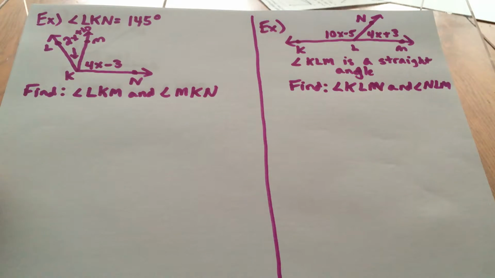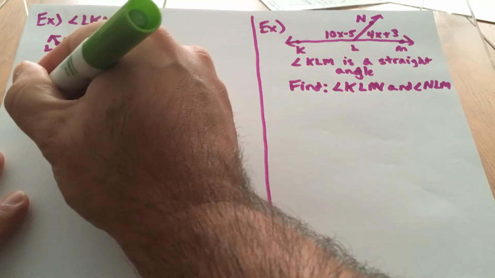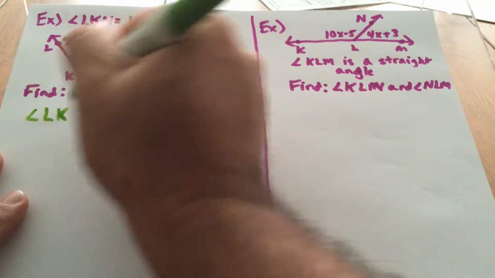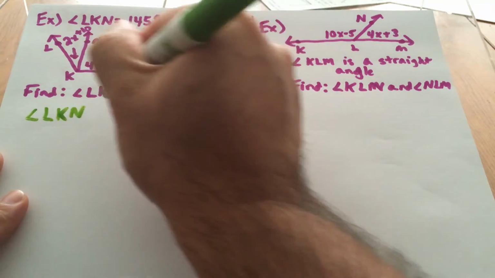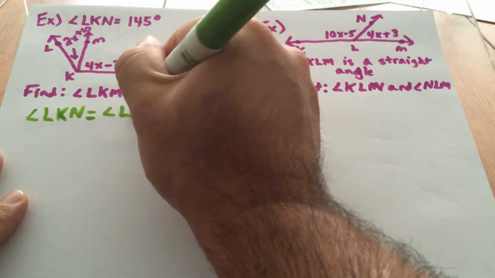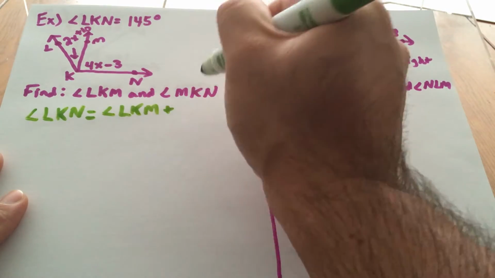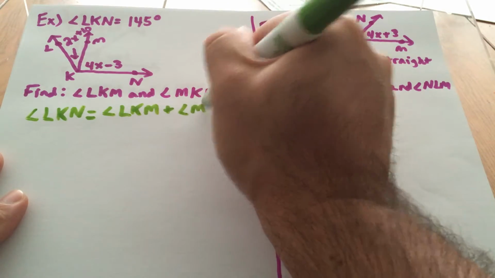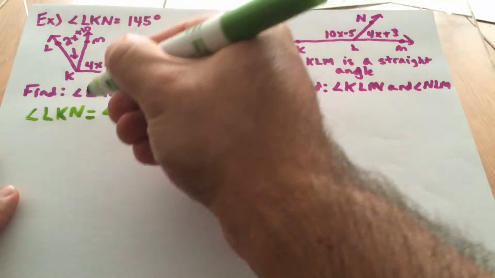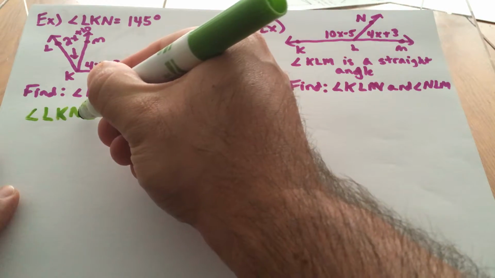So stating the angle addition postulate, we can say that angle LKN, the big one, is equal to angle LKM plus angle MKN. Okay, so now all we're going to do is substitute the values that we know.